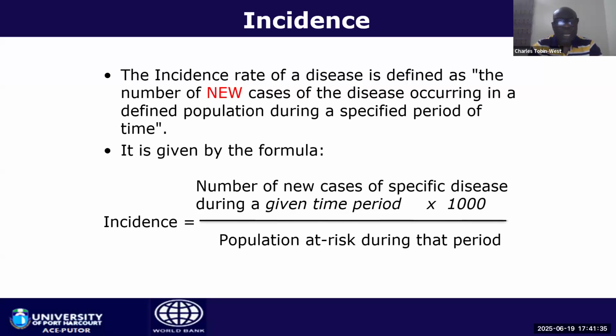But when you say incidence of measles, for instance, everybody is not at risk of contracting measles. For instance, who is not at risk? All those people who are immunized, they are not at risk. So for us to calculate the incidence rate of any particular disease, we look at the number of new cases of that disease among those who are at risk of contracting that disease. So that is how it is calculated.